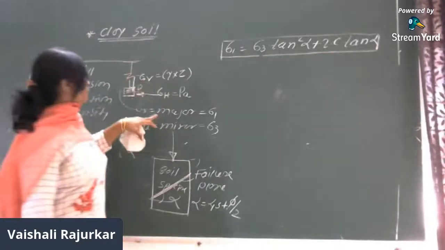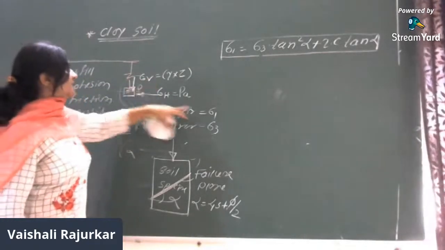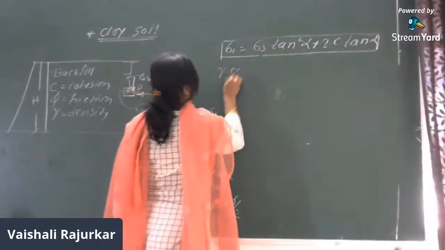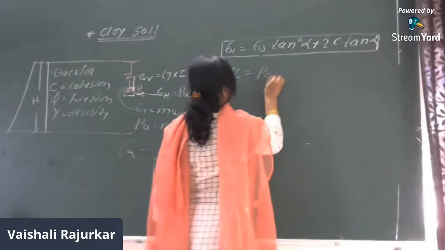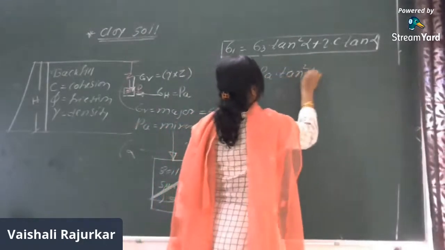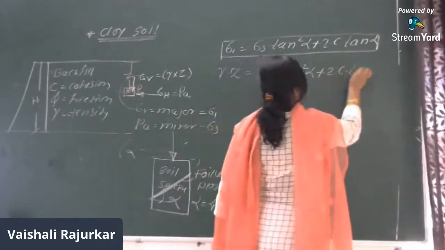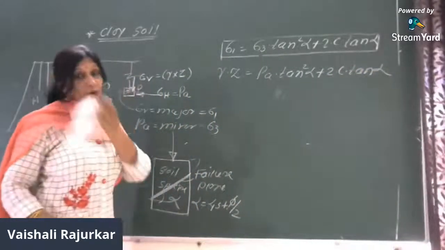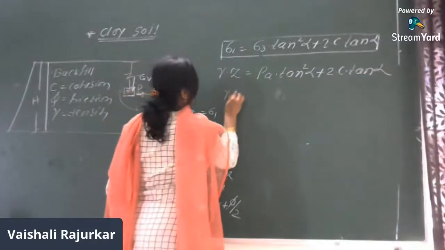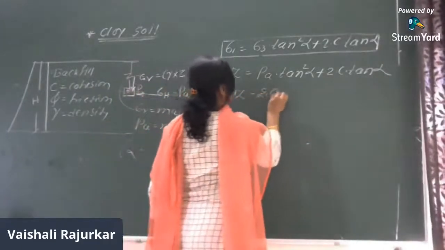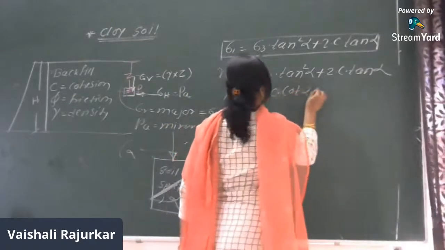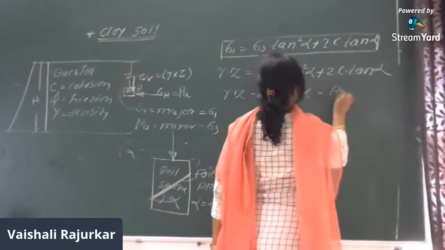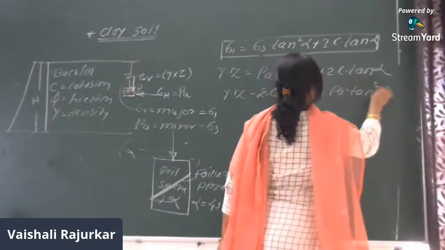Now in this case, what is sigma V? Sigma V is sigma 1, and sigma 1 is equal to gamma into Z. So gamma into Z is equal to PA tan square alpha plus 2c tan alpha. We are interested in finding the value of PA. So gamma into Z minus 2c tan alpha is equal to PA tan square alpha.